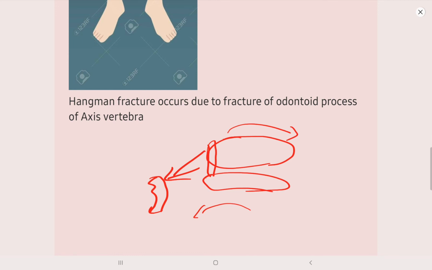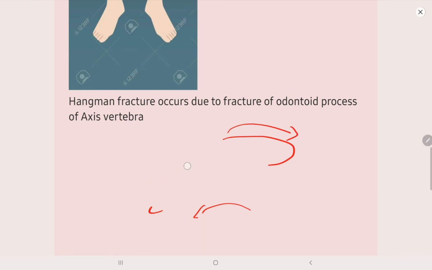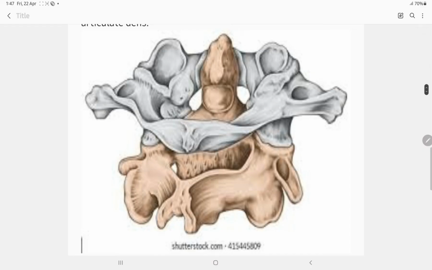I will explain more with another presentation. Here, look. The dens and atlas are attached; the atlas is attached with the dens of the axis. When hanging occurs, the atlas moves backwards and the axis moves forwards, which forms pressure on the neck region of the odontoid process, and it may get fractured.